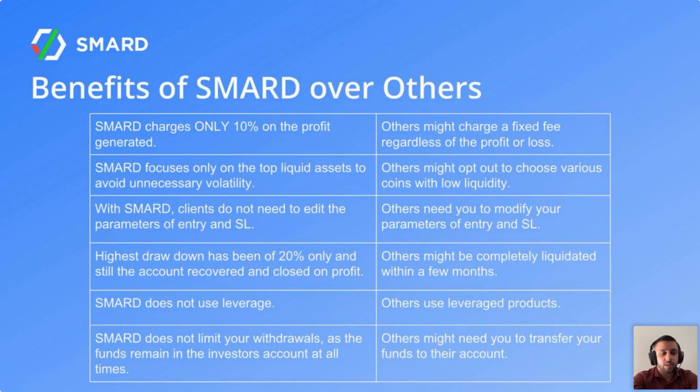Now, at the end of the day, we want our account to grow and we want to see profits as much as possible, but this is the financial markets and things do go against us at times. However, we do have tools and systems in place to make sure that we don't lose a big chunk of the account.